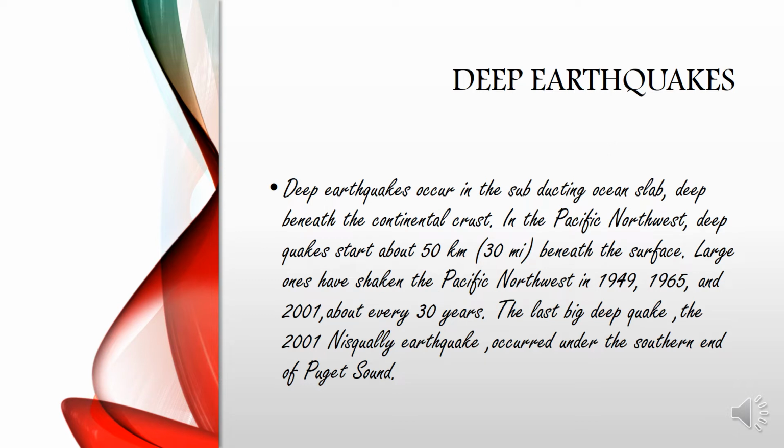Large ones have shaken the Pacific Northwest in 1949, 1965, and 2001, about every 30 years. The last big deep quake, the 2001 Nisqually earthquake, occurred under the southern end of the Puget Sound.